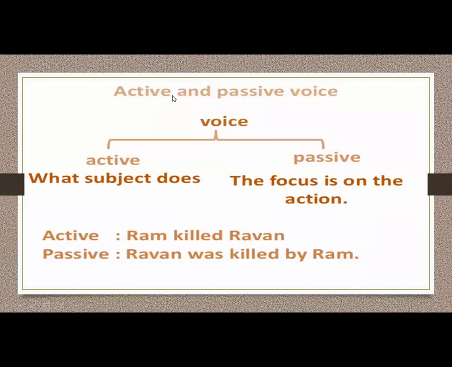Moving towards next, giving you an example of active and passive voice. Two types of voices: active belongs to what the subject does, while passive belongs to where the focus is on the action done by the object.